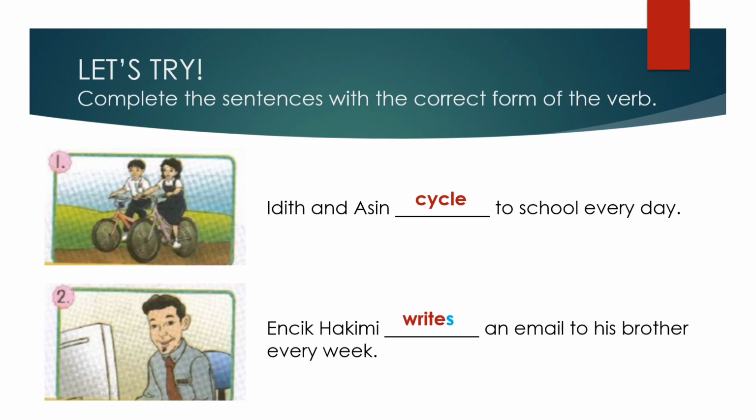For Encik Hakimi, we use writes, with an s here, because Encik Hakimi is only one person. So we can replace Encik Hakimi with the subject pronoun he. So as you remember, for he, she, it, the verb that we use, we need to add s, es, or ies. Okay? Now let's move to the next question.